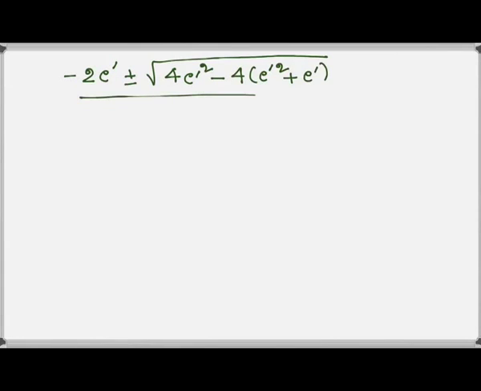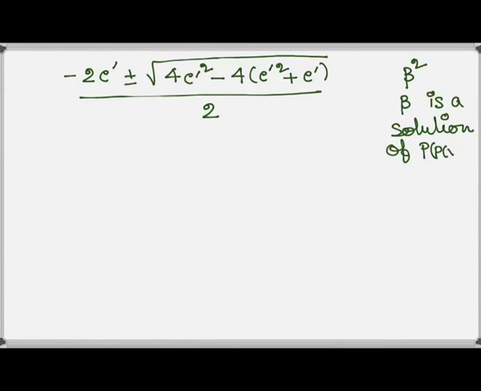After solving the equation, we obtain minus 2c prime plus minus square root of 4c prime square minus 4 into (c prime square plus c prime) divided by 2 are the possible choices for beta square, where beta is a solution of p(p(x)) is equal to 0.